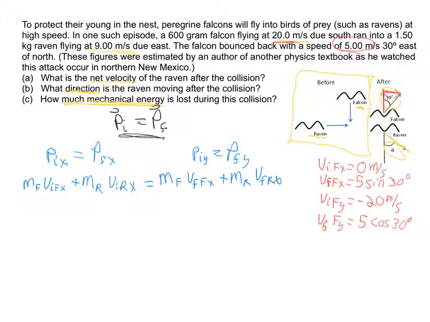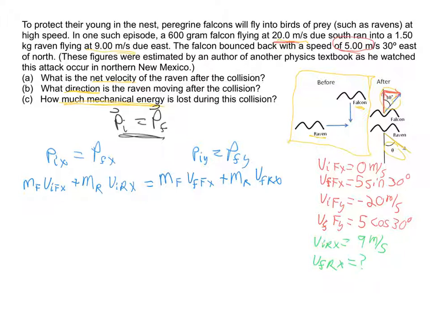Now we can do the same thing for the raven, so maybe I'll switch colors. For the raven, the initial velocity of the raven in the x, well, that's the entire 9 meters per second. And then, to stick with the same pattern, we'll go back and do the final velocity of the raven in the x.